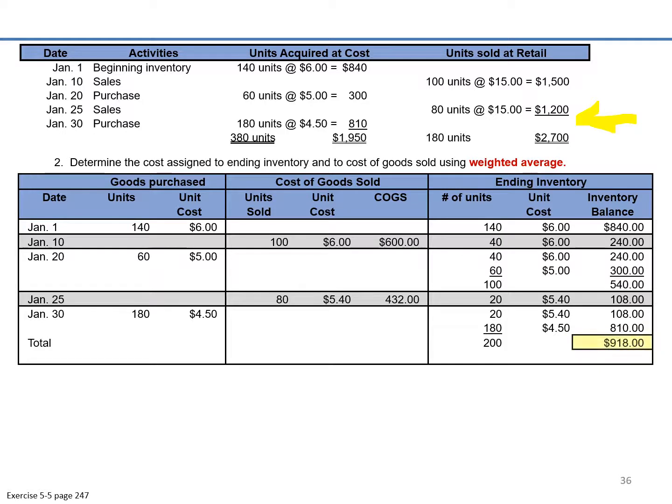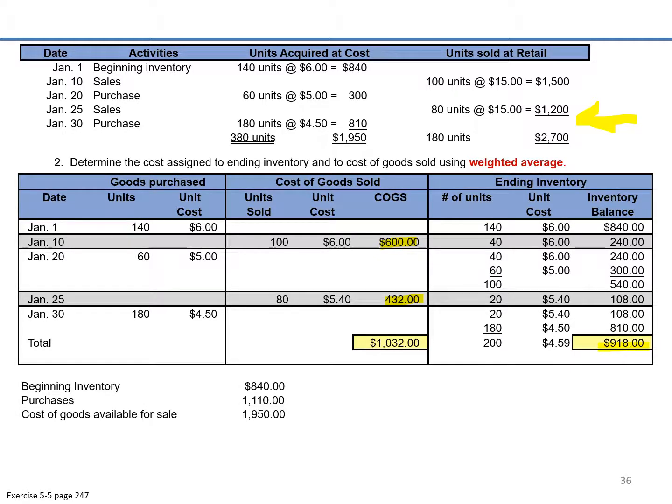So we have 200 total units at a total cost of $918. $918 divided by 200 units is an average cost of $4.59. So we have cost of goods sold of $1,032. That's your 600 plus your 432. We have ending inventory of $918.